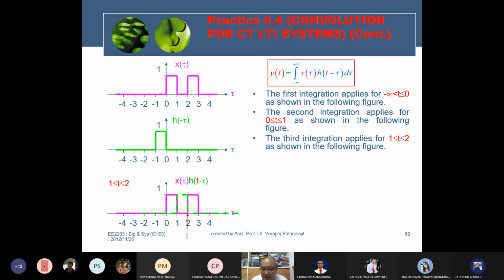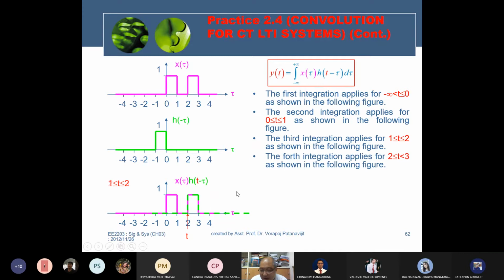Next, you can see that the green one has already left the first rectangle, and when it has perfectly departed from the first rectangle, it starts to intersect with the second rectangle. The fourth integration applies between 2 and 3.